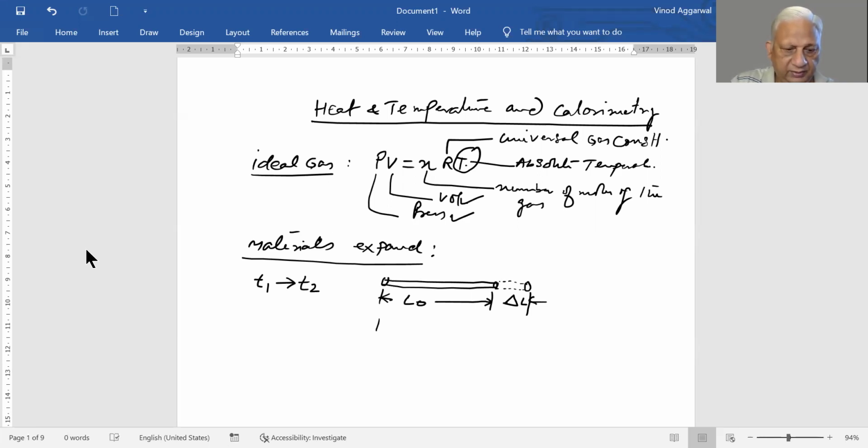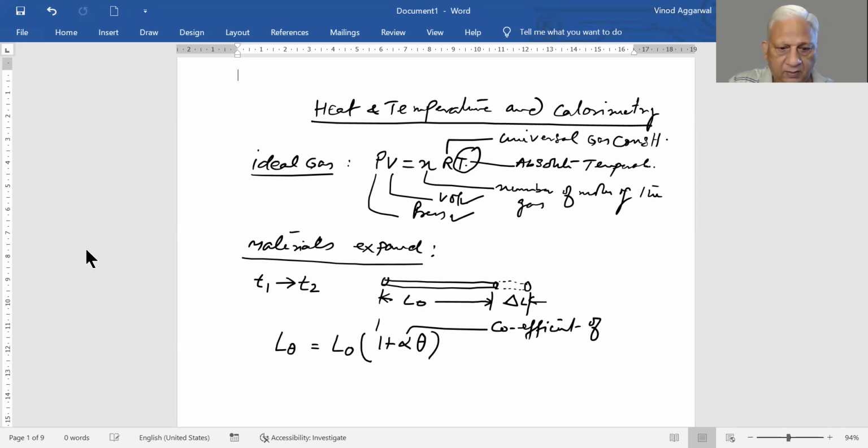So what we can say, the length of a body at any temperature theta is given as the original length before application of heat, times one plus alpha theta, where alpha is the coefficient of linear expansion.